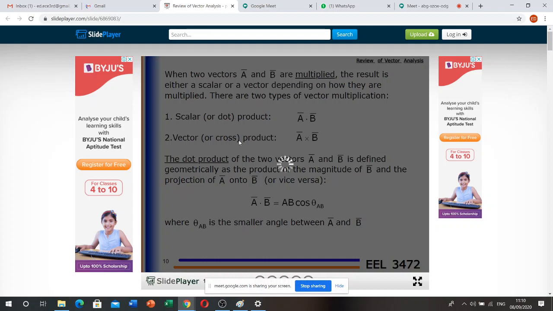The rule says that if a vector and b vector are in some plane, then the resultant C vector will be at right angles, or perpendicular, to the plane containing those two vectors.